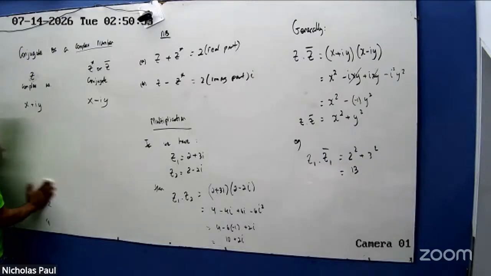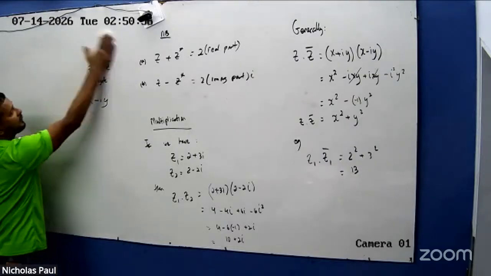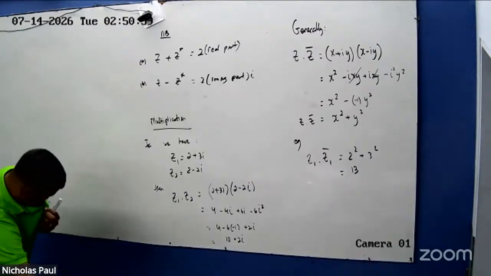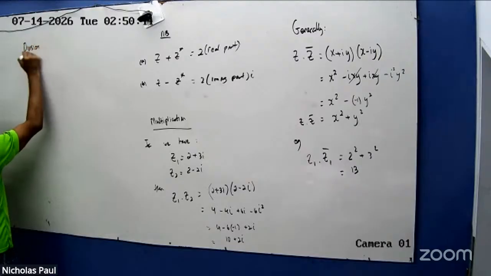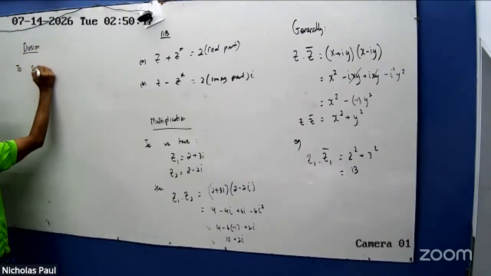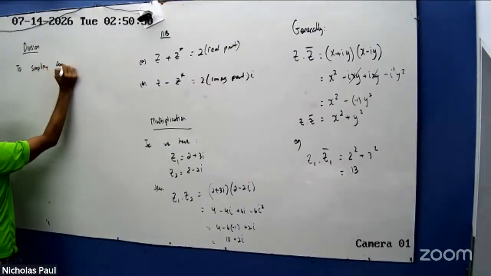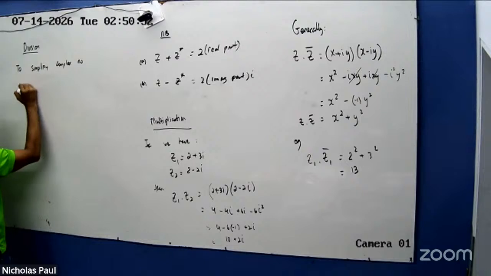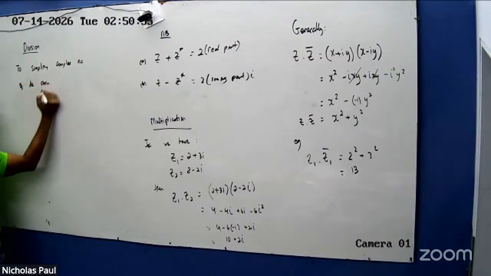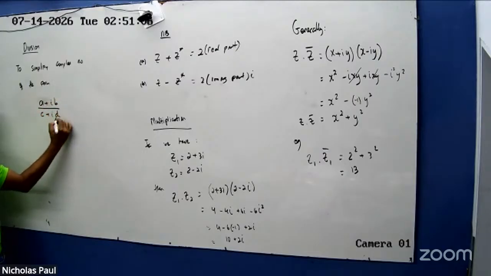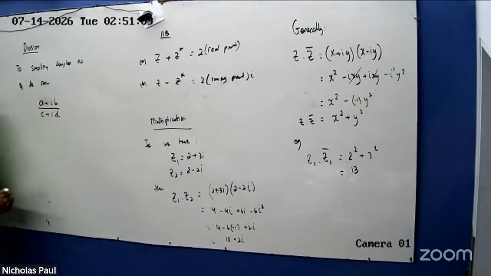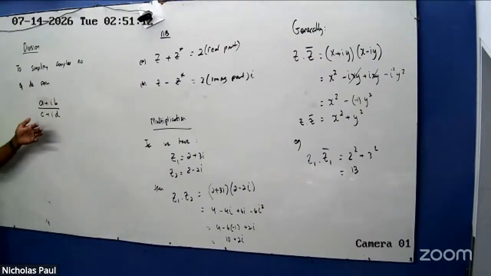Right, so that's how we multiply complex numbers. Let's divide now, right? Let's say we had to simplify a complex number like this.